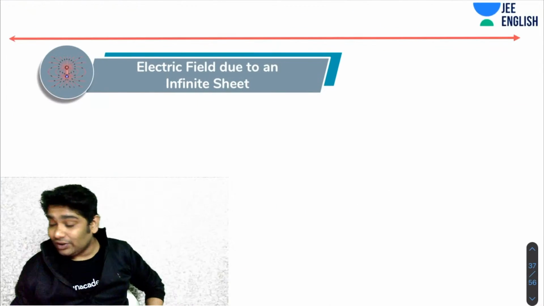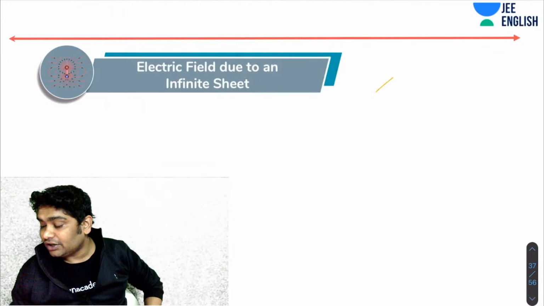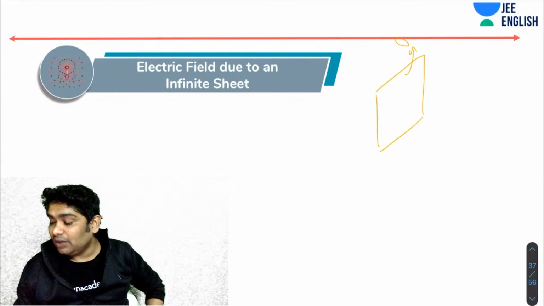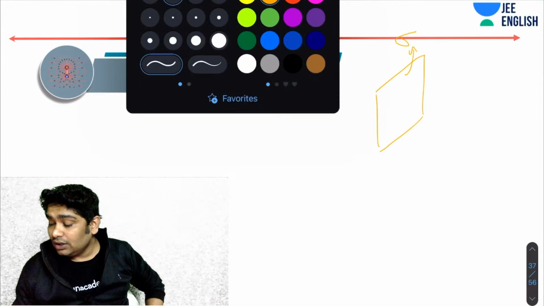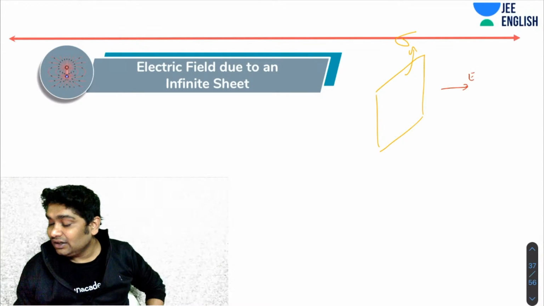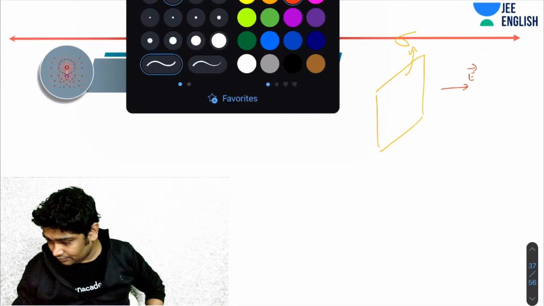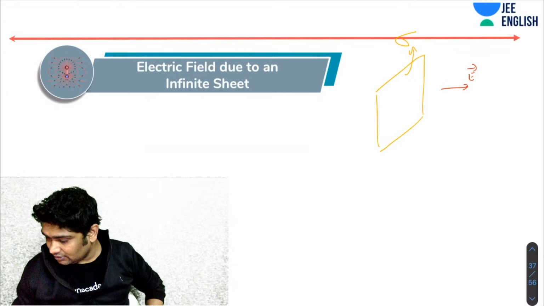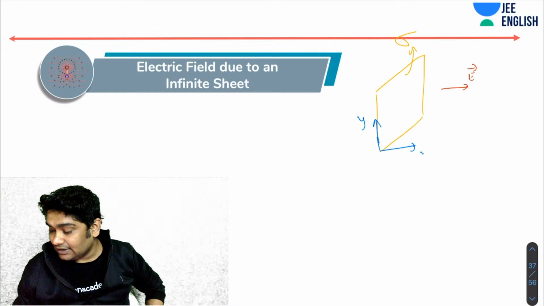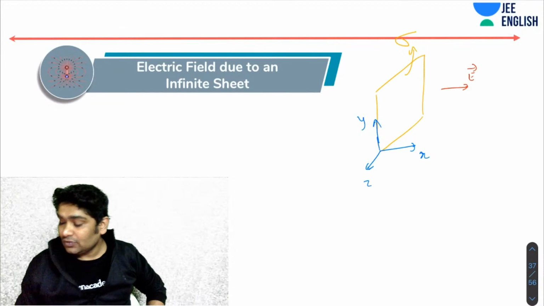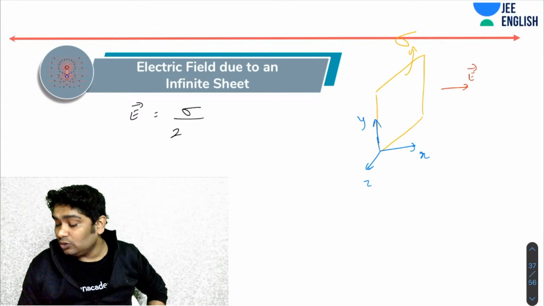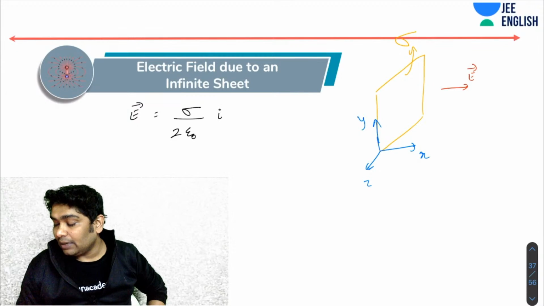Next, you have electric field due to an infinite sheet. So suppose you had an infinite conducting sheet. Okay, non-conducting sheet for now with charge density sigma. For an infinite sheet, with axes as y, x and z, the E at any point would be sigma over 2 epsilon naught i cap.